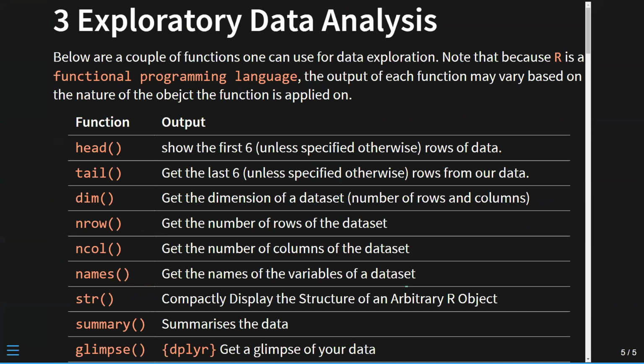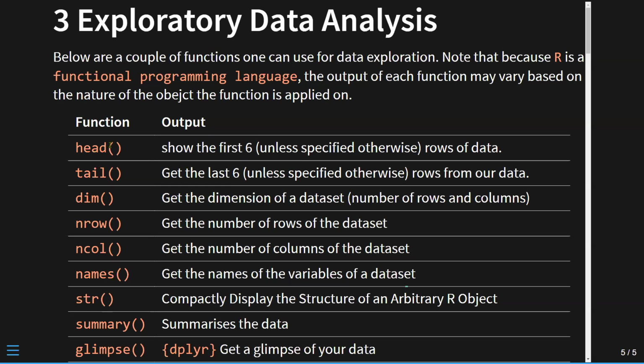Below are a couple of functions one can use for data exploration. Note that because R is a functional programming language, the output of each function may vary based on the nature of the object the function is applied on. So what we are saying is that we are discussing here, assuming that the object you are exploring is a data frame or a table.